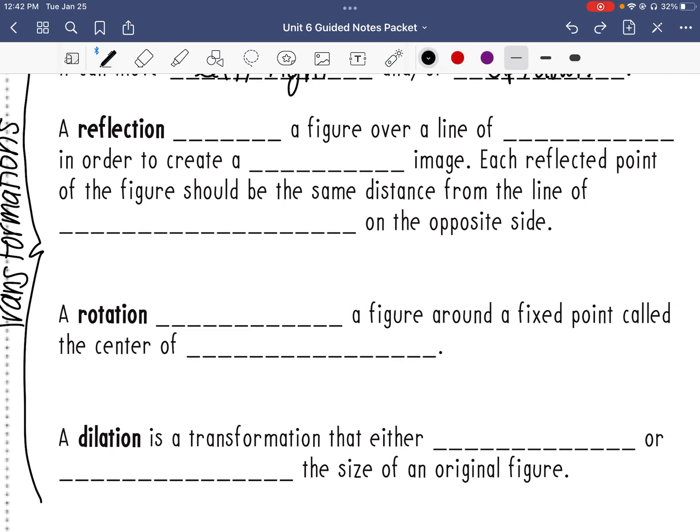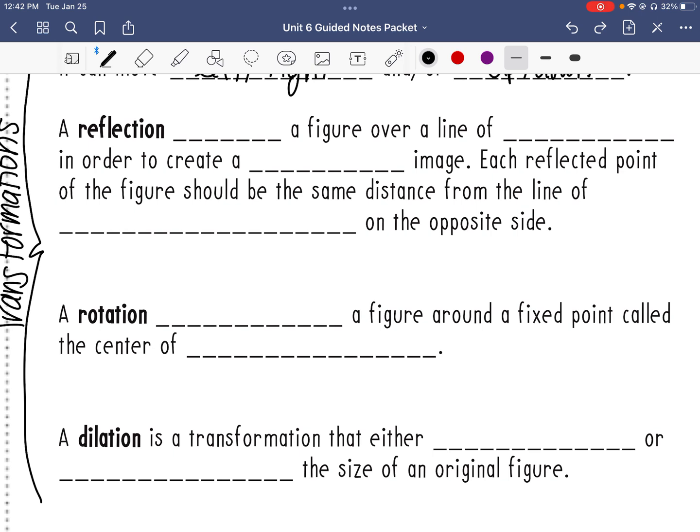We're going to talk about reflections. So if you think about the word reflection, where do you hear that in your life? What's an example of a reflection? So hopefully you were able to come up with a mirror, okay? A mirror reflection.